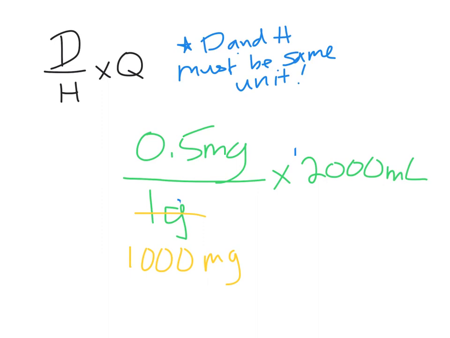So that will get them to where they're both in milligrams. Now I can go ahead and divide by taking 0.5 divided by 1,000. I'm going to take that and multiply it by 2,000, and my answer here should just be 1. They're going to take 1 milliliter of this liquid, or of this injection. And that's how we would approach number 18.